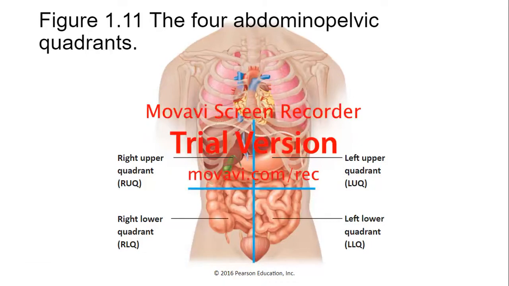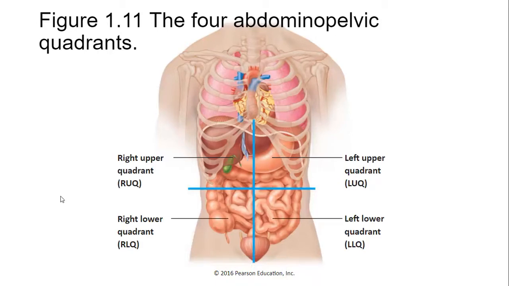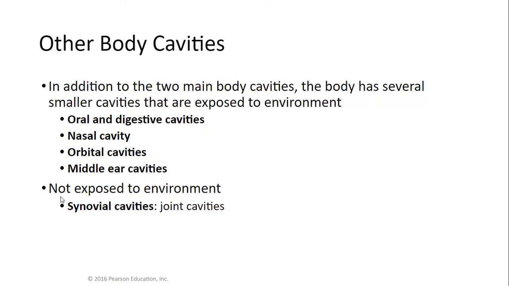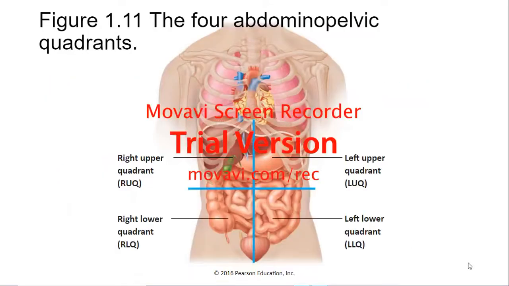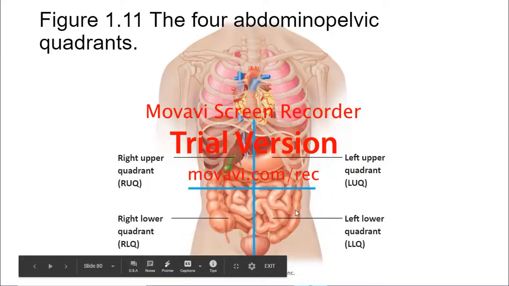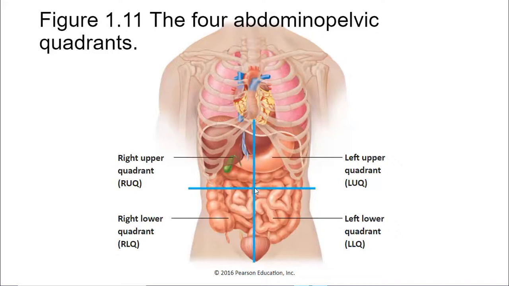Different anatomical organs are located in these quadrants, and being able to identify what organs are in which quadrant is something you do need to know. You use your belly button to make your four crossing quadrants.